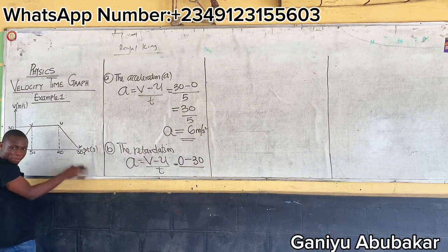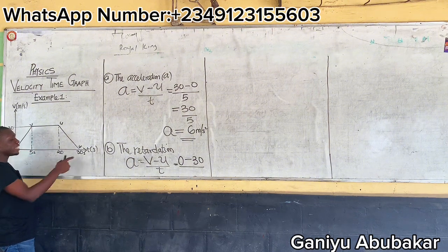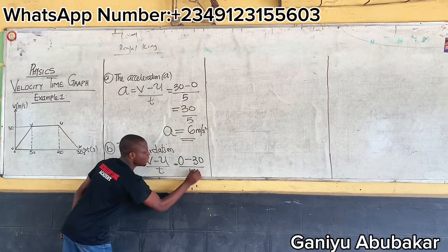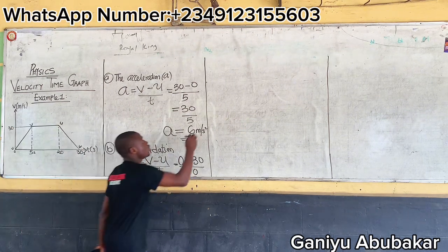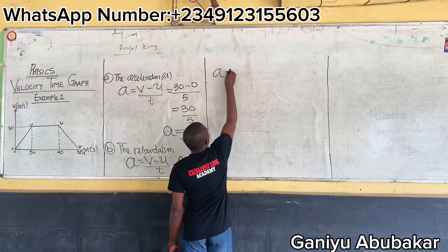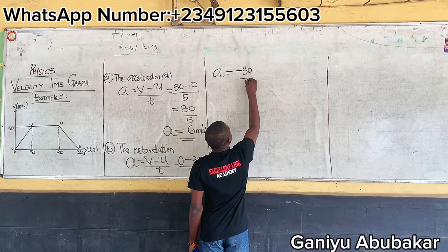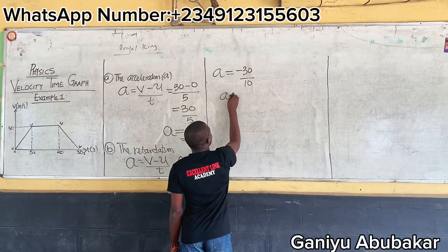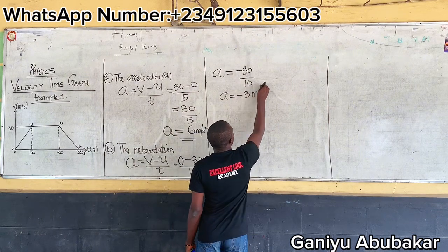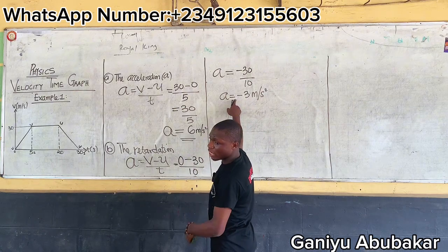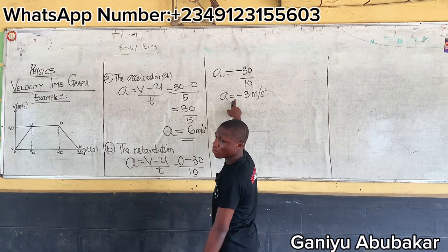Initially it was 10 before. 30 minus 20 is 10. So my time is 10. So A will be equal to minus 30 over 10. So what's your A? Minus 3 meter per second square. It makes sense. Why? Retardation is a negative acceleration.